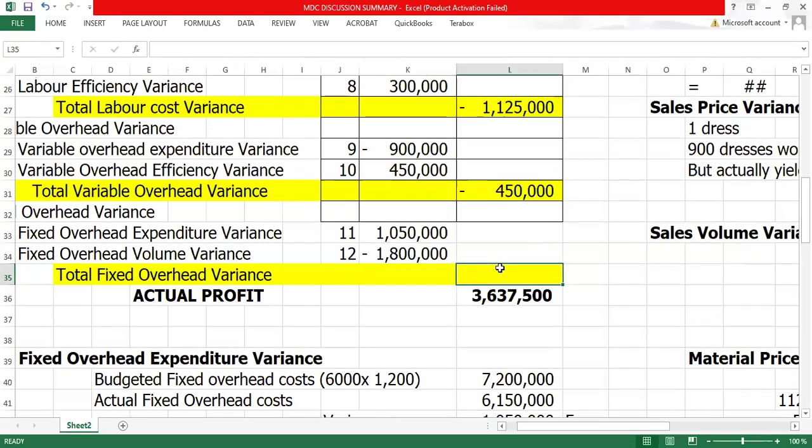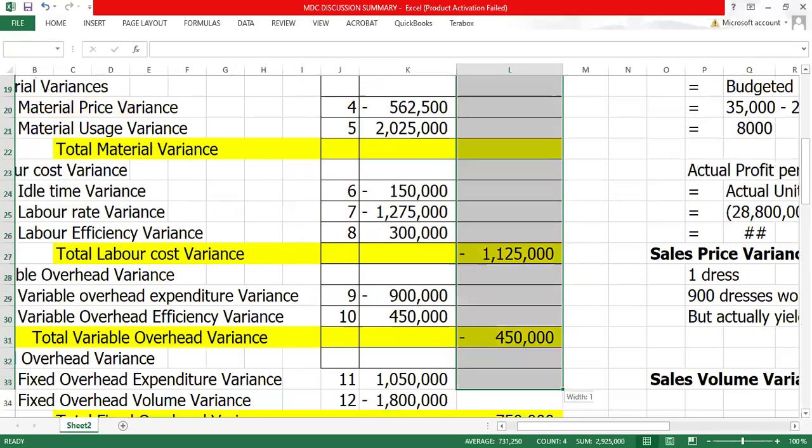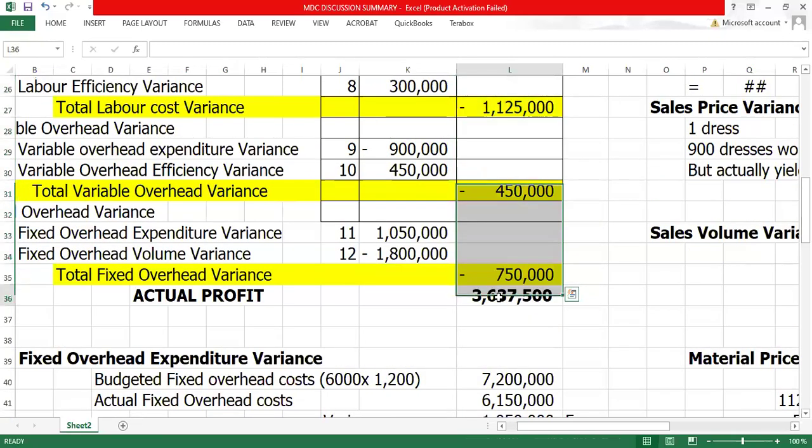So add and get total overhead, positive plus negative. You're done. Now the question is, if you consider what you have in this column, do you get this or not?